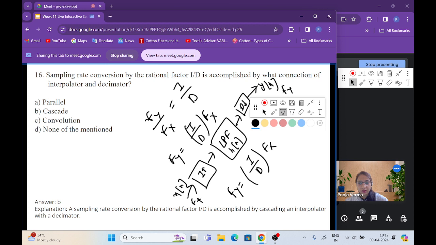So it is a cascade connection. Any sampling rate conversion by a rational factor I by D is accomplished by cascading an interpolator and a decimator. So it must be a cascade connection only. Okay, I hope all of you got that question. So moving to the next question.